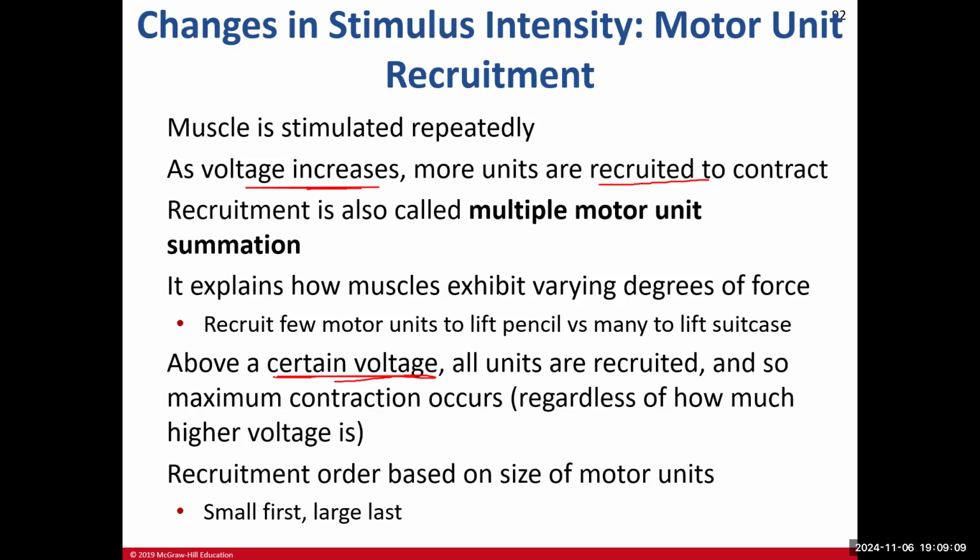As we increase the voltage, we're going to increase the muscle fiber recruitment. Thus, we're going to generate more muscle tension, a stronger contraction, but eventually we're going to hit a plateau because we've recruited everything and we cannot recruit more, no matter how much we turn that voltage up.